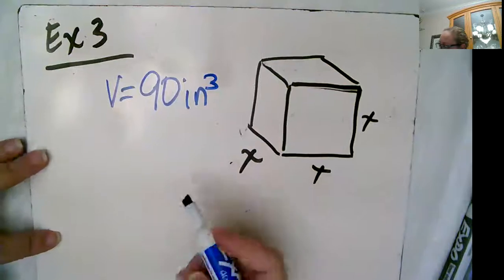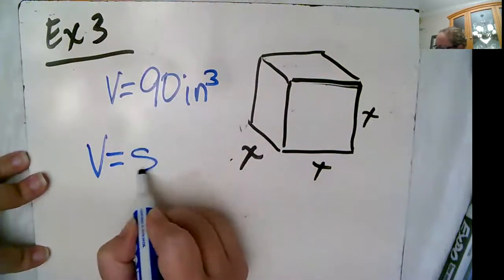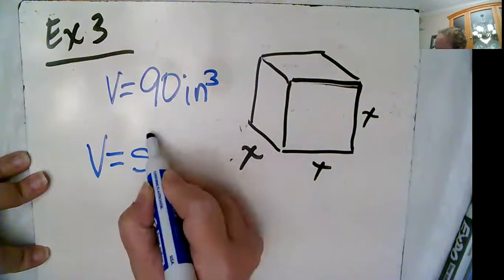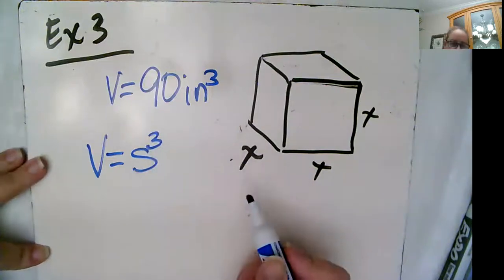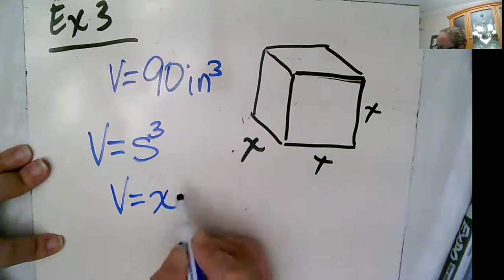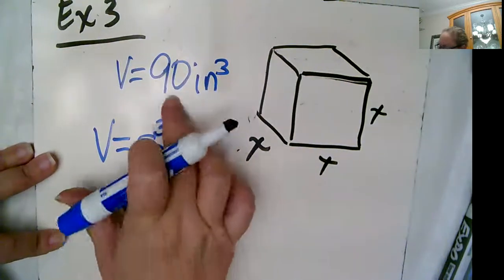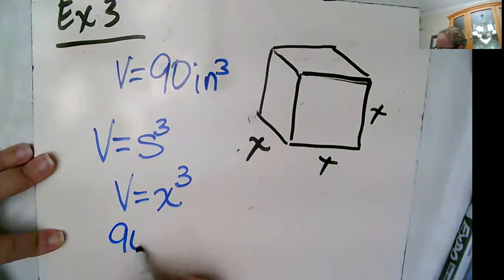Well, we know that the volume of a cube is whatever that side length is cubed. Well, they give it to us to be x. So we could say V is equal to x cubed. Well, we know what V is. It's 90. So we're going to plug that in.